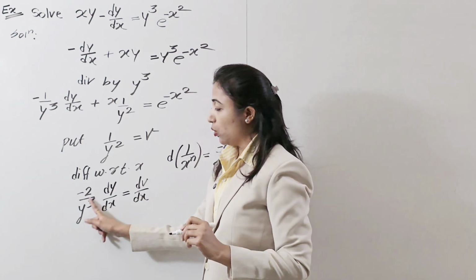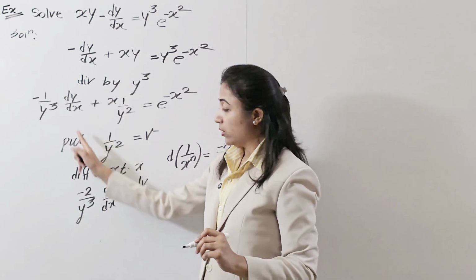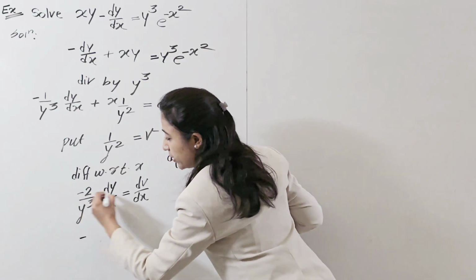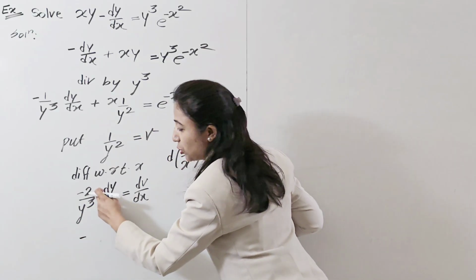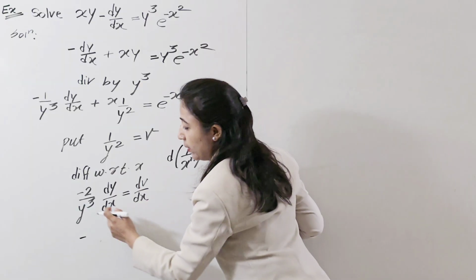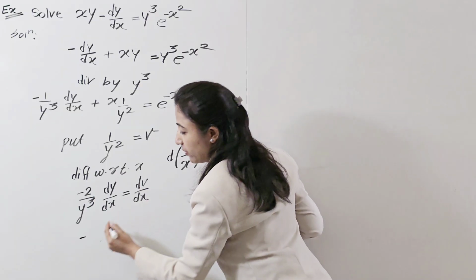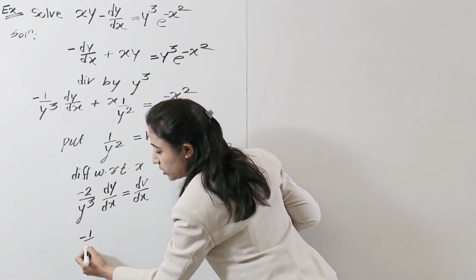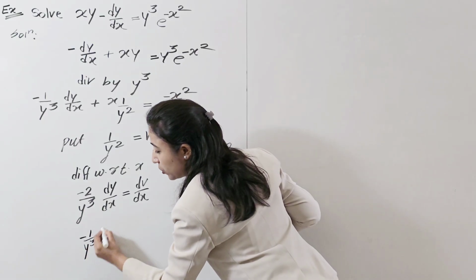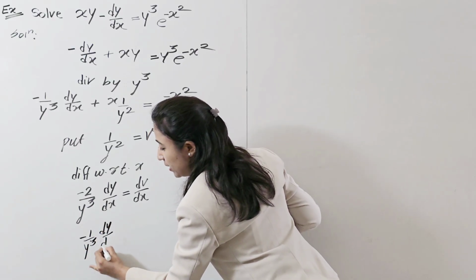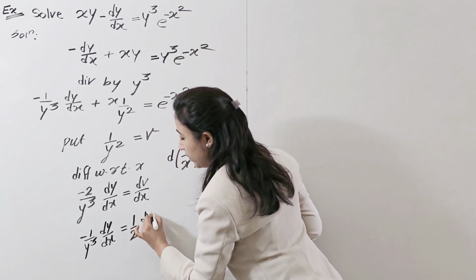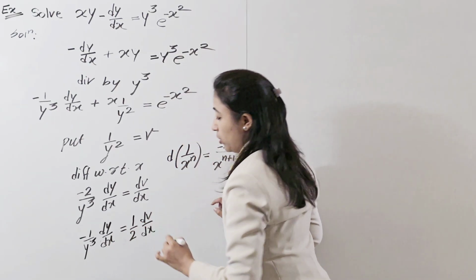Now see here, this whole term is present in the first term, only the 2 is extra. So if we shift this 2 to the right side, multiplication shifting will be division, so you will get minus 1 upon y cube dy by dx equal to 1 by 2 dv by dx.